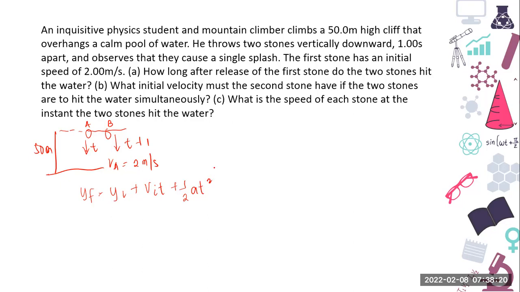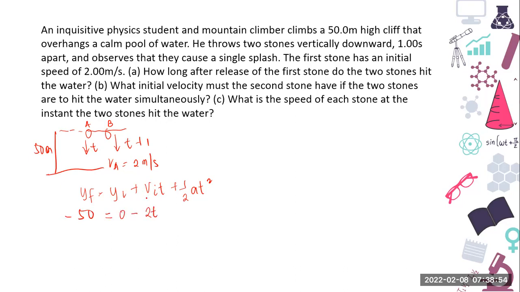I'll have more examples on the third video. This is just for the activity because some of you requested it. So this is now directional. It's downwards, so again, that's negative. Okay, since it's downward, that's negative 50 equals 0 minus 2t.